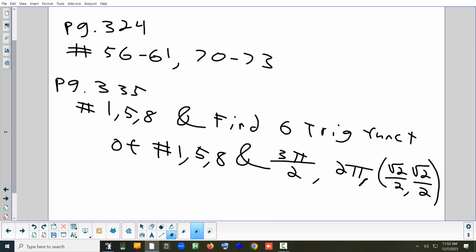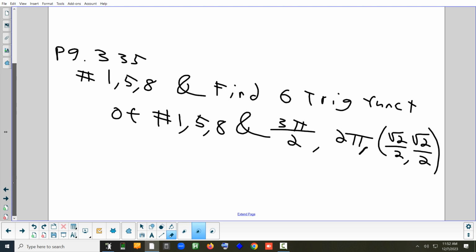Okay, so first, let's write this down. The homework: you just have to pay attention to what I'm writing here. I want you to do 1, 5, and 8 in the book, the way they write the problems.